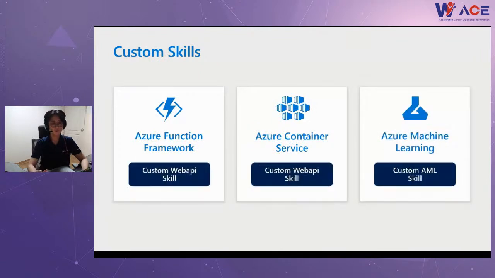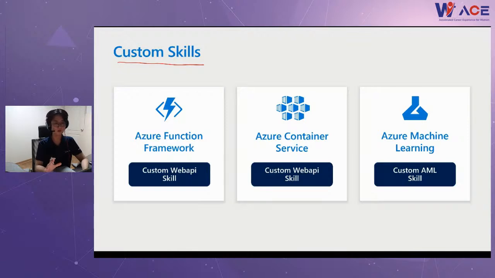There are several built-in skills I already explained, but what if you are not satisfied with the built-in skills? Then you can bring your own module or implement your own module. We call it custom skills.